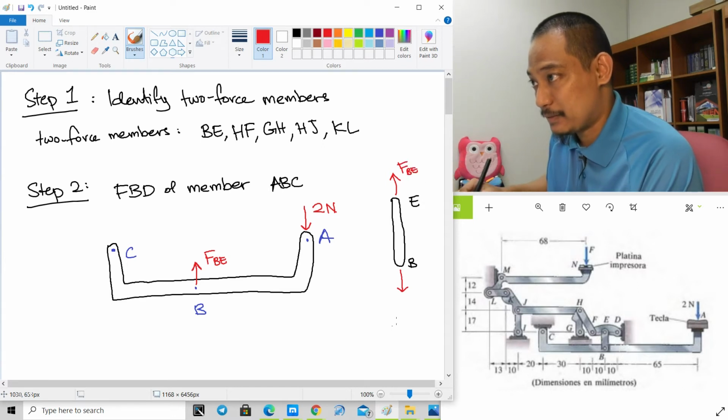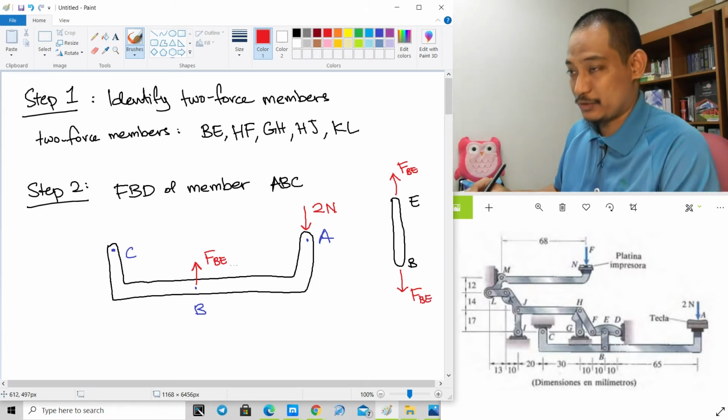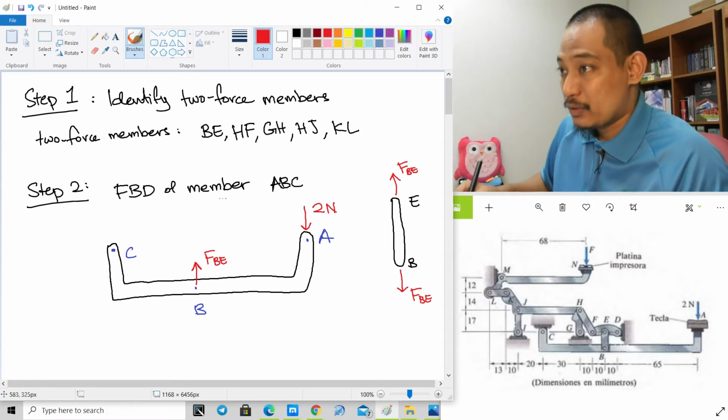FBE. So at point B here, this is the corresponding force, right? It is under tension.